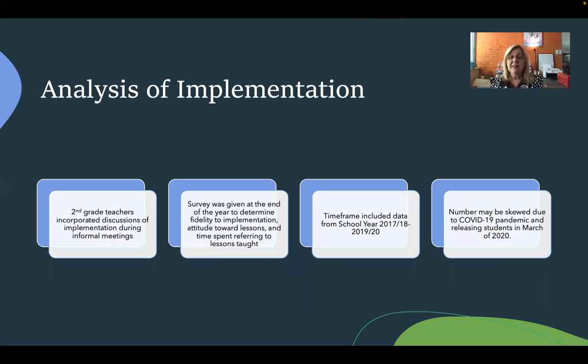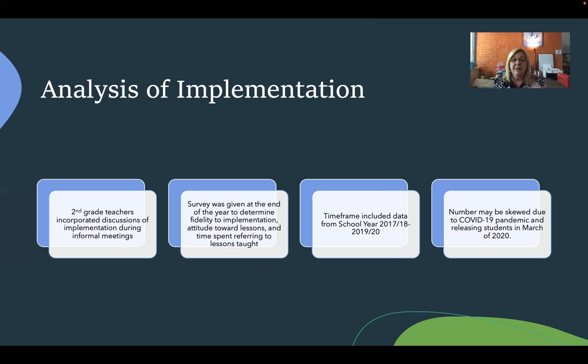So the analysis of the implementation was that second grade teachers incorporated this in informal discussions and informal meetings about how often we were teaching the explicit lessons and what lesson we were on in the curriculum. The survey was given at the end to determine their attitude and their fidelity in the time spent in the curriculum.